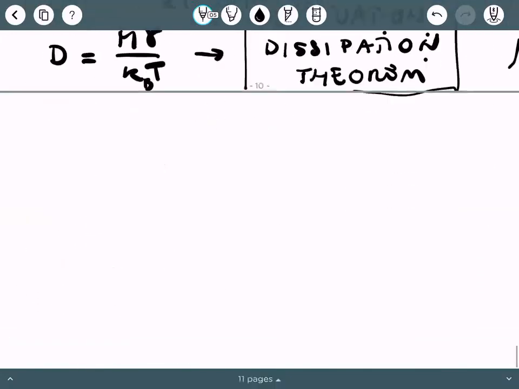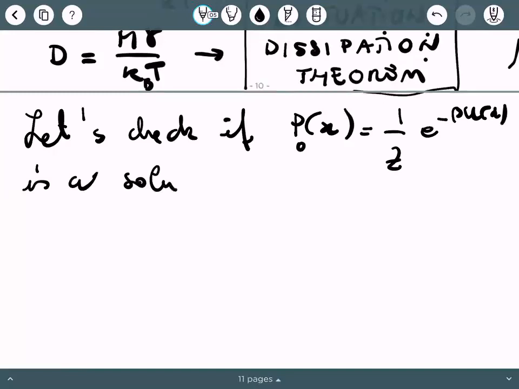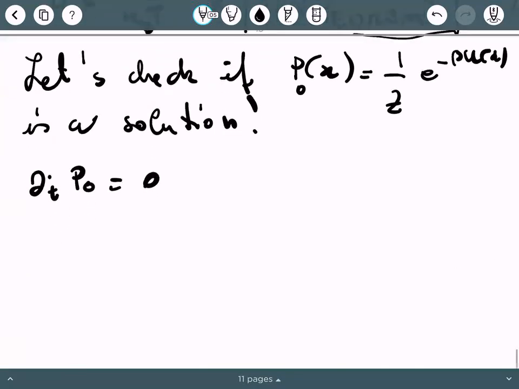So let's check. Well, the left-hand side is very easy. There's no time. Left-hand side is 0. Now, the right-hand side must be 0. Well, there's a very simple way to show that the right-hand side is 0.